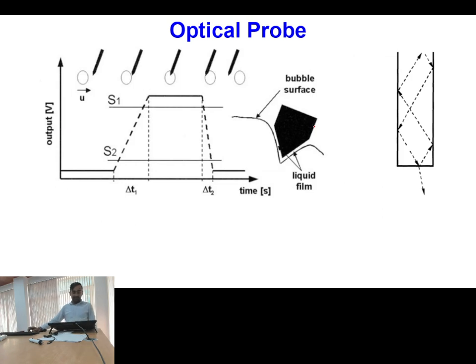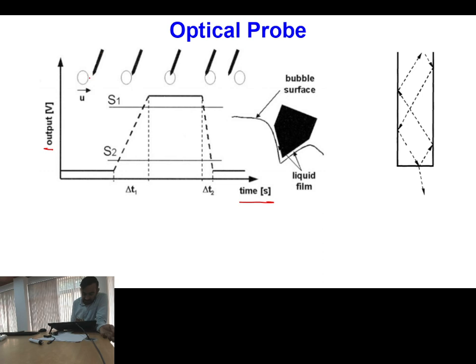Now there comes one important aspect. What output signal will we be seeing? Typically at the output we just place photodiodes. What photodiodes do is, depending upon the intensity of the light signal, they generate some voltage. Okay. So in this output signal, you can see the output plotted as a function of time, and the corresponding probe location and bubble profiles are also shown over here. So this is the first orientation.